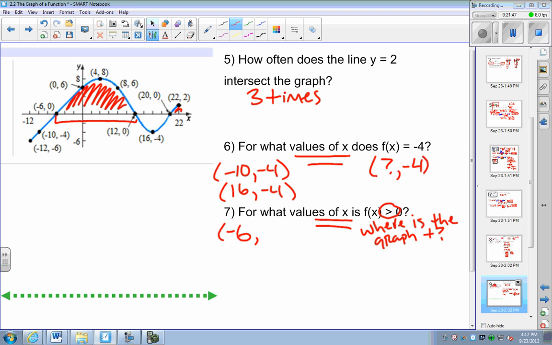So I'm going to say from -6 to 20 in interval notation, and then also from 20 to 22 in interval notation. Now we could also ask where's the graph negative, and you could give me those corresponding points as well. But it's not a greater than or equal to, so just after -6 the graph's bigger than 0. But at -6 it's exactly 0.